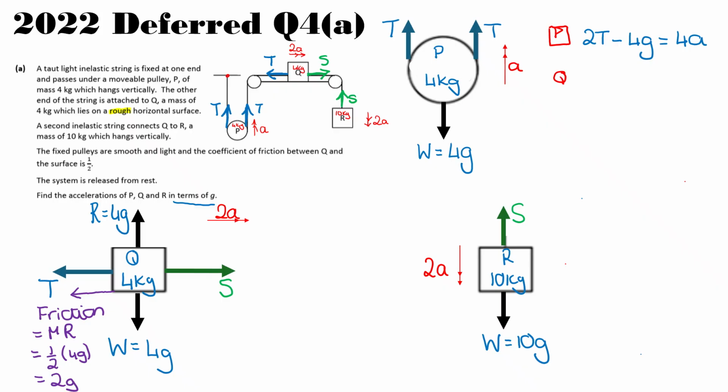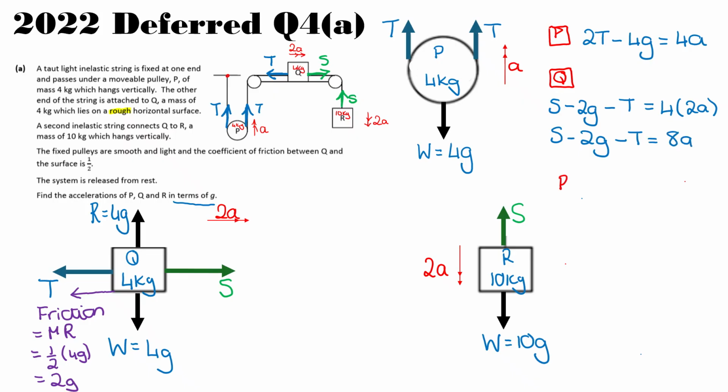Then we have our Q. So Q is moving to the right, meaning we get S minus the friction, which is 2g, minus T, and that is equal to our mass, which is 4, times our acceleration. Be careful, that is 2a. So that gives us S minus 2g minus T is equal to 8a.